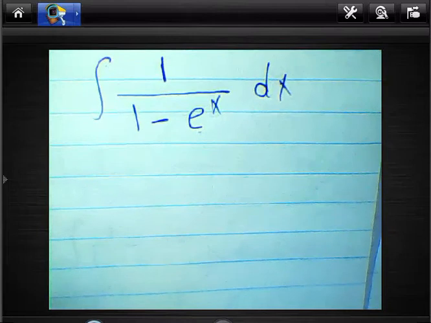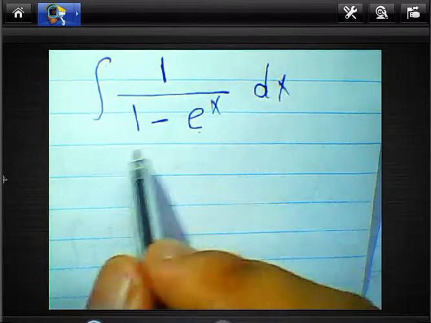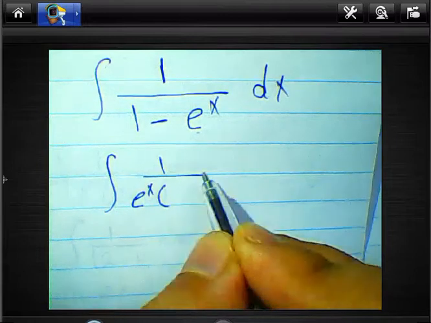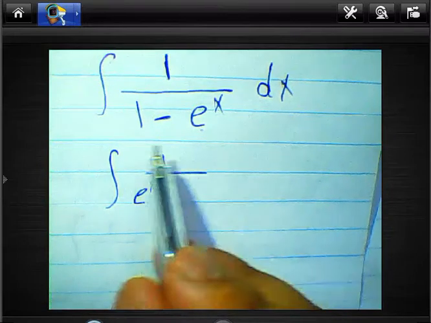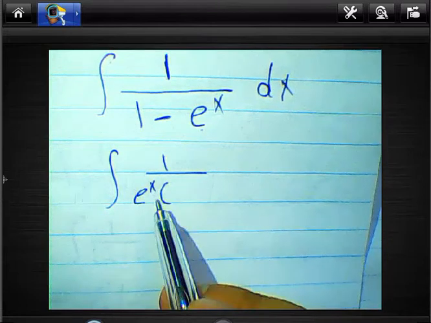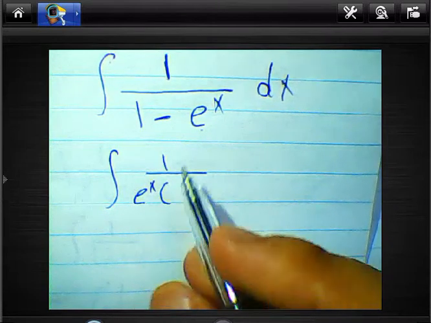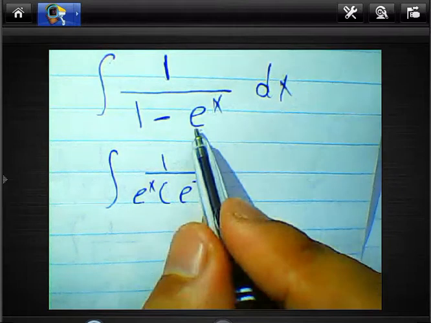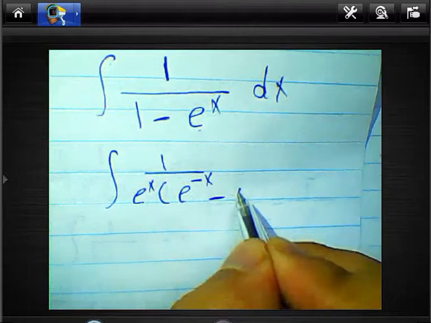But we can find the result by writing the coefficient of the denominator. We can write 1 over e power x outside here. Its coefficient of the two terms: 1 divided by e power x will be e power negative x, subtract e power x divided by e power x equals 1.